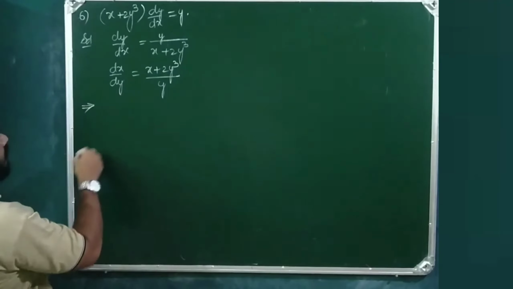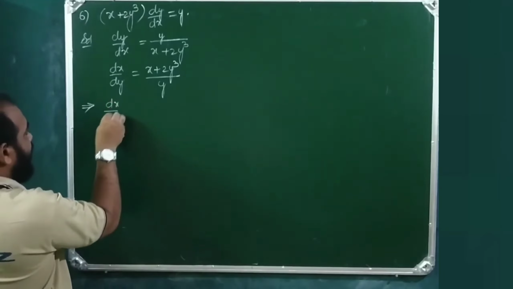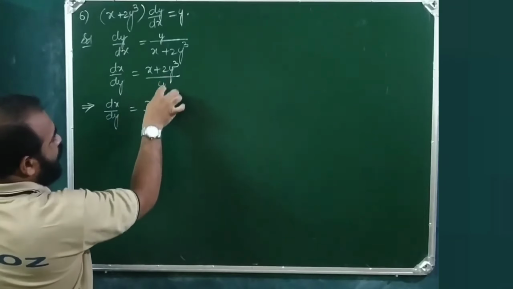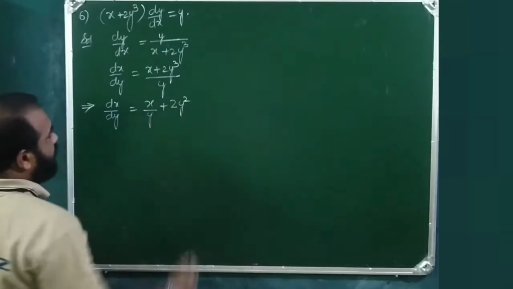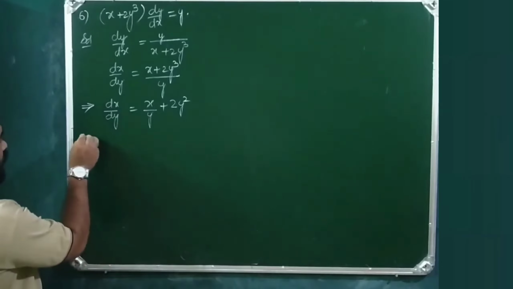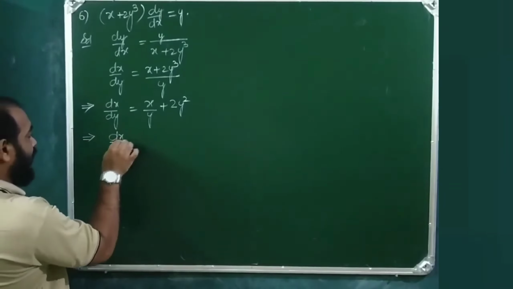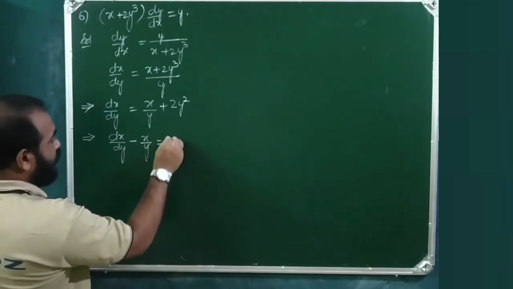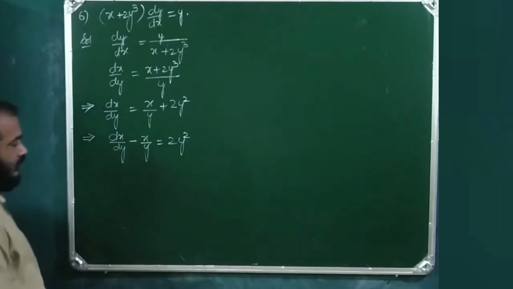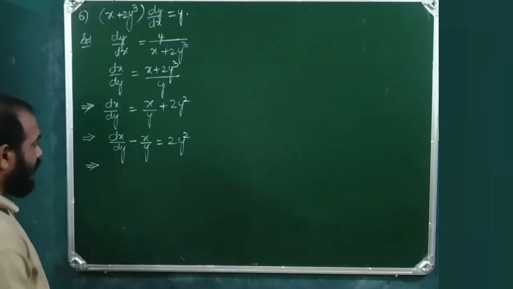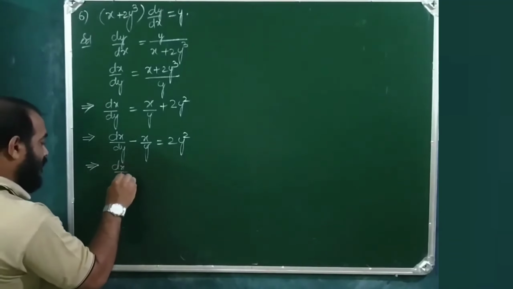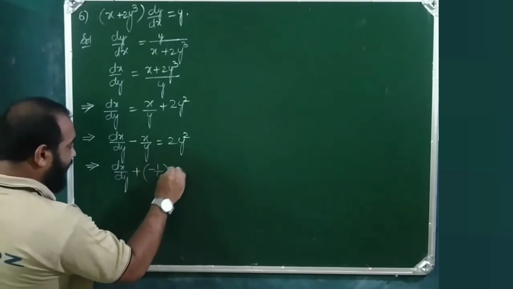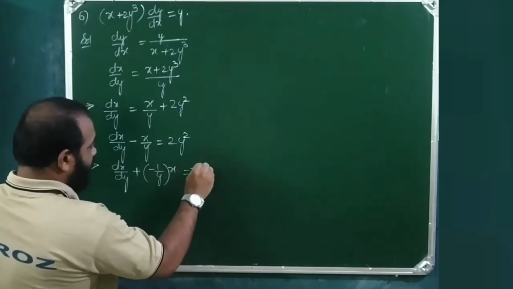This is equal to dx by dy, x by y plus 2y cube by y. So 2y square. This is dx by dy minus x by y equals 2y square. So this is dx by dy plus minus 1 by y into x equals 2y square.